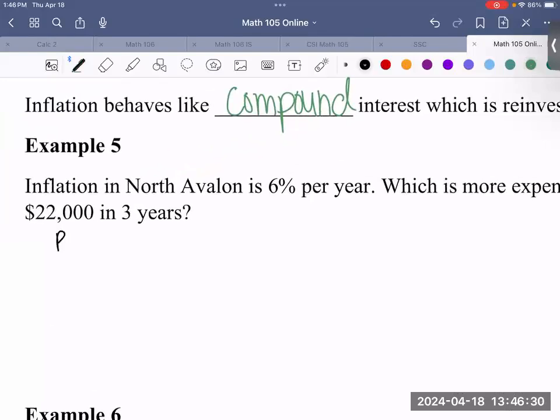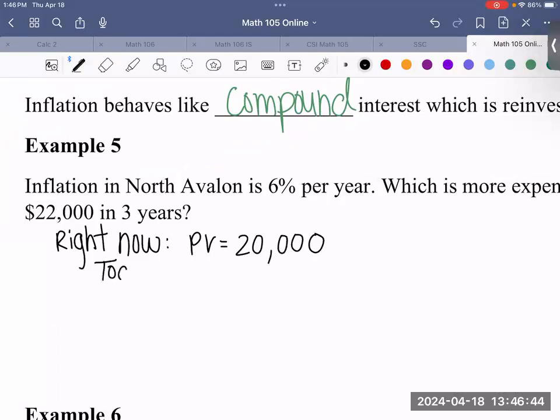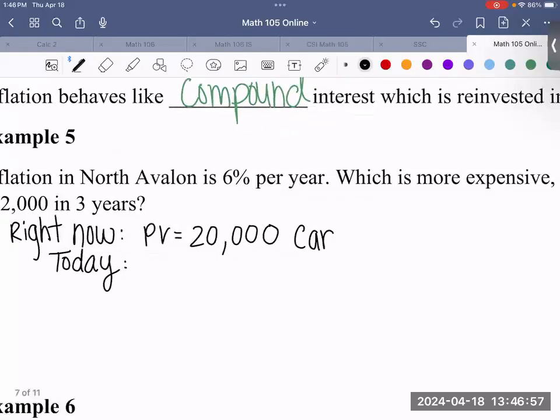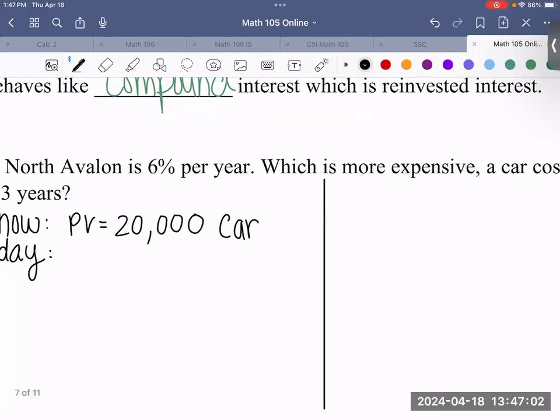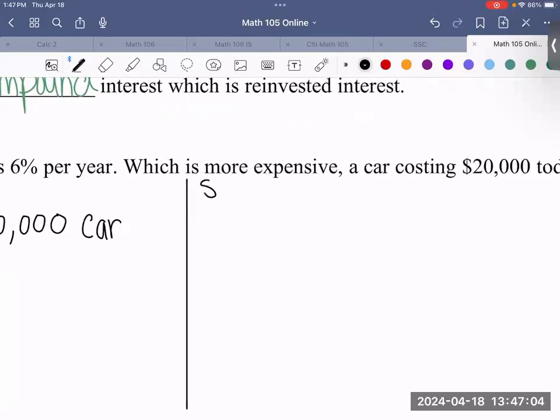So right now, your present value is $20,000. So we're working with the today portion. So right now, today. Okay, if we went to buy a car, it's going to cost $20,000. However, we can have some time later in the future.